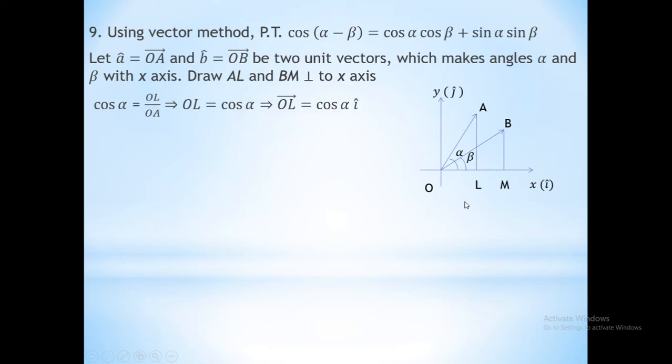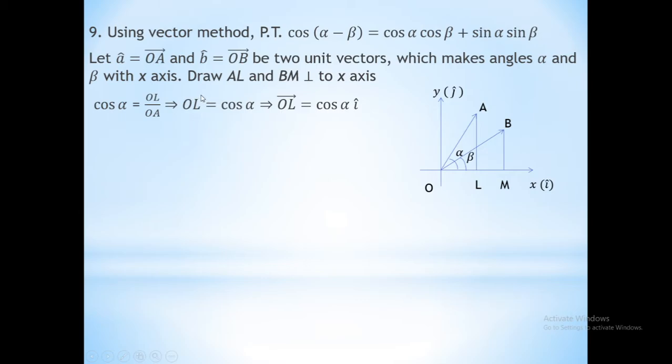Okay, now you have to find cos alpha. You know what is cos alpha? So cos alpha is what? It is adjacent side by hypotenuse. What is adjacent side? OL. And what is hypotenuse? OA. So OL by OA, right? You know that OA is 1 unit, isn't it? OA is a unit vector, so 1 unit. So divided by 1 means OL is equal to cos alpha. Now this OL is a scalar value.